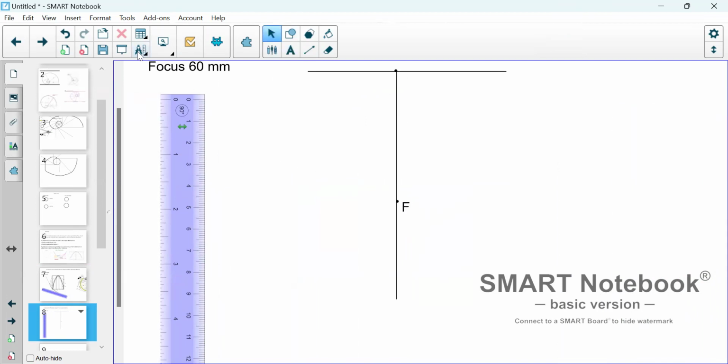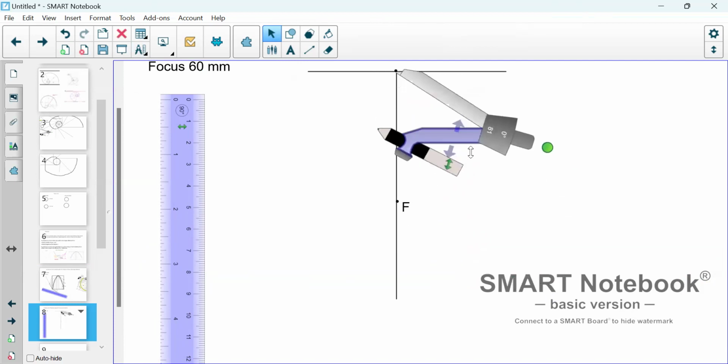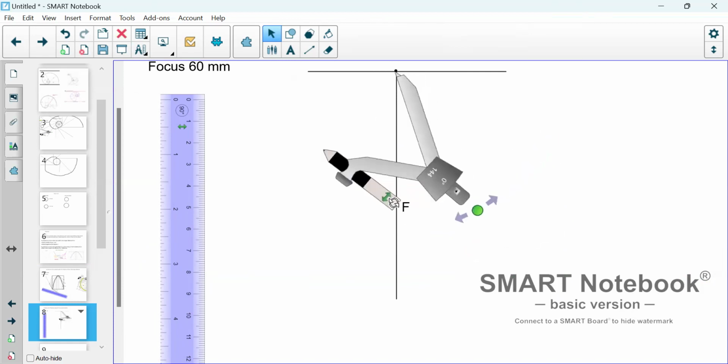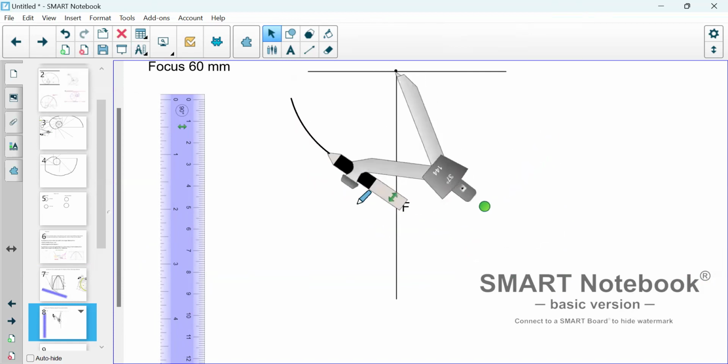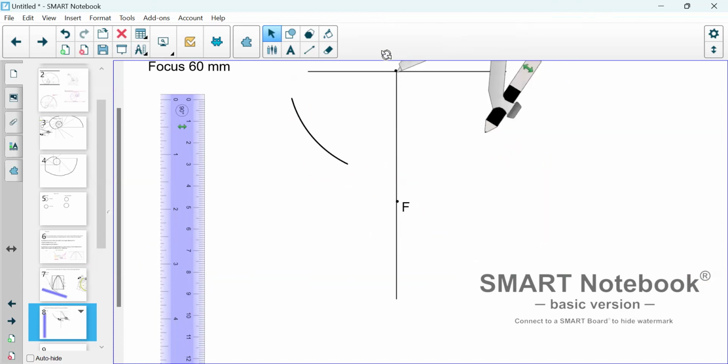So what we need to do is find the center of that distance, which is supposed to be 30 mm, but what we do is just bisect, right? We bisect the distance from the focus to the directrix.